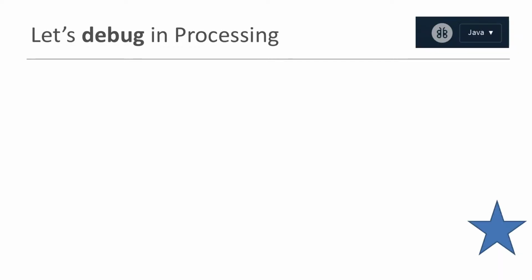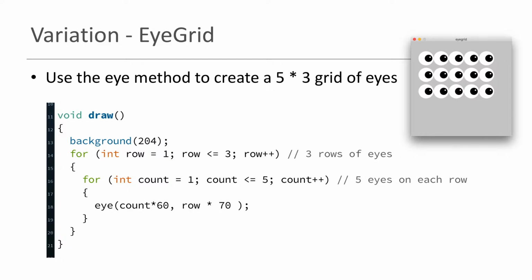So maybe I'll just switch over to Processing at this stage, and we'll take a look at that. Just give me 1 second while I get this one up. And I might share this source code with you.